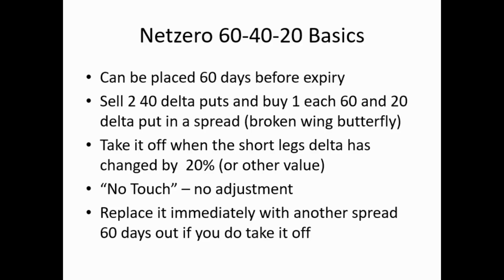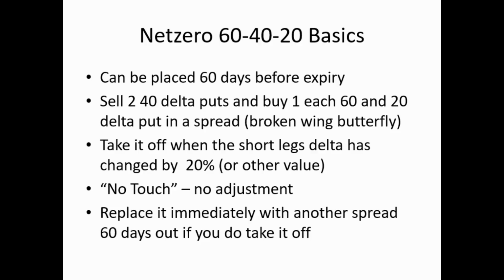But in general, as a starting point, before you make your own customizations for the market and so on, you would tend to make it at a zero delta, which it will automatically be if you can do the arithmetic, if you place two short legs at 40 delta and long legs at 60 and 20, because 2 times 40 is 80 and 60 plus 20 is 80.